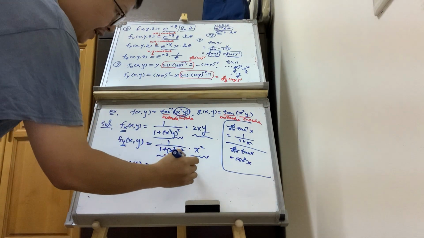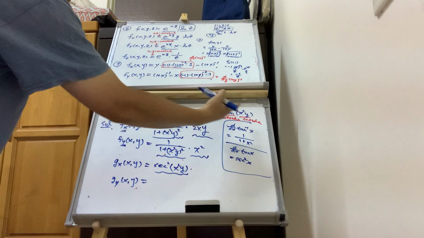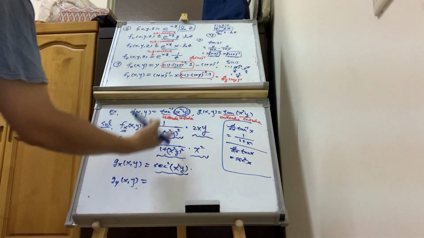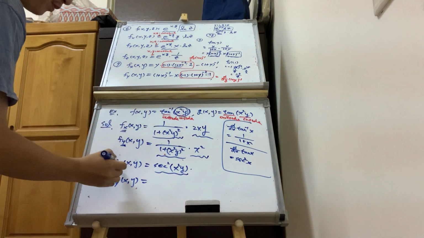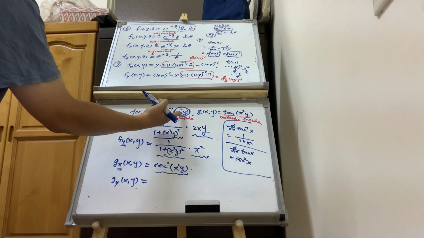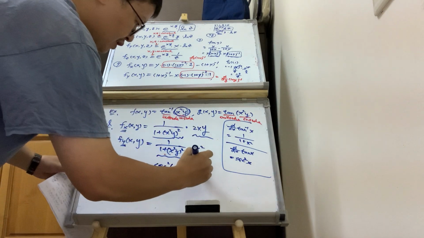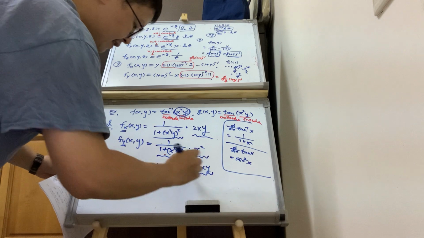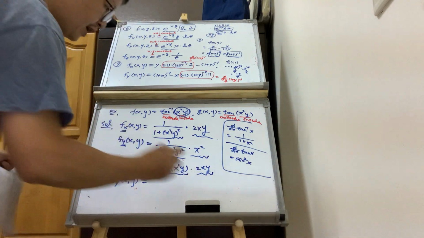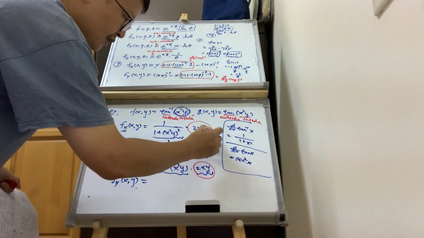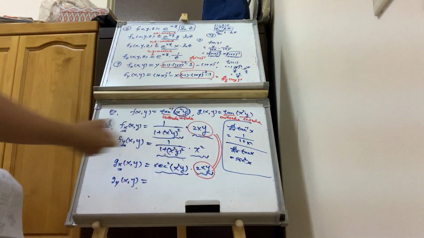And the inside function x squared times y is the same: when the variable is x, we keep y as a constant, so it's 2xy. These two terms are the same.